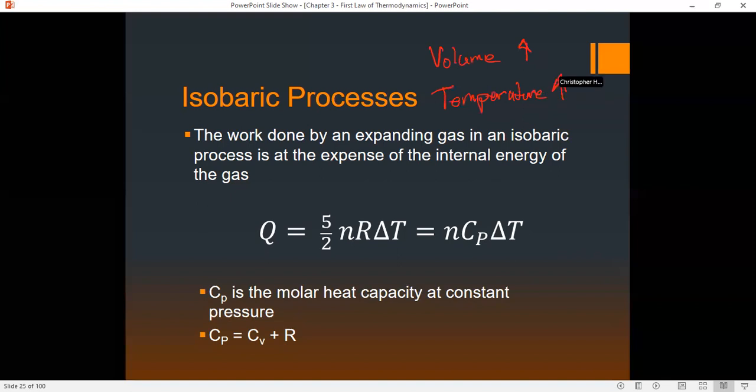So for that to take place, I need to be adding Q, I need to be adding heat to the system to prevent the temperature from going down, okay? Now the heat for an ideal gas goes by 5/2 nR delta T, okay? Here we have 5/2. This, by the way, is for a monatomic gas.